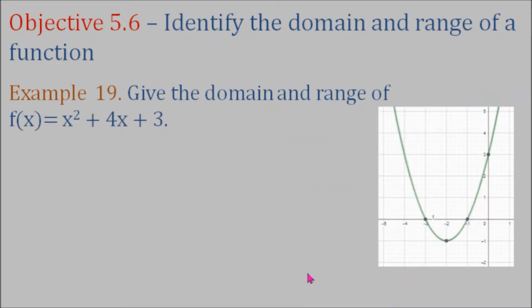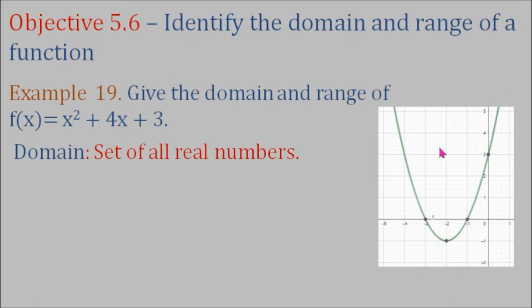Example number 19. Give the domain and range of the graph f of x equals x squared plus 4x plus 3. So this graph extends infinitely to the left and also infinitely to the right. So the domain is the set of all real numbers. How about the range? If we don't have the graph, we need to find the vertex first. How?